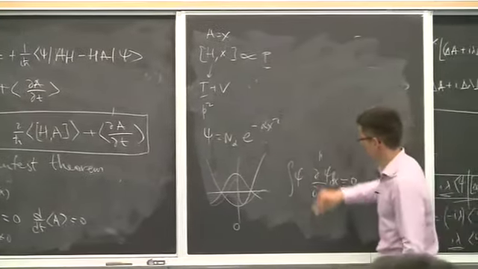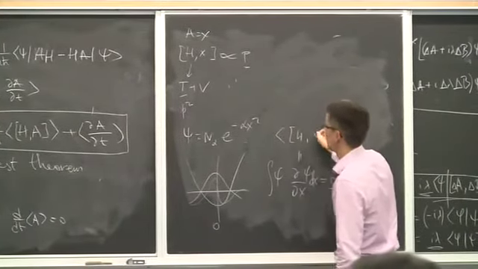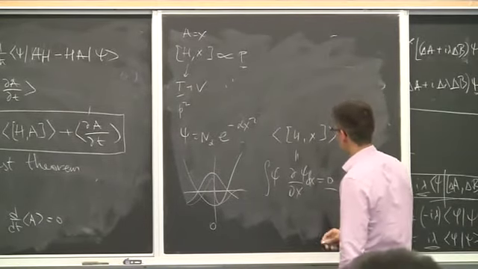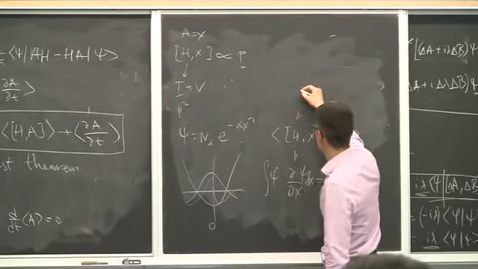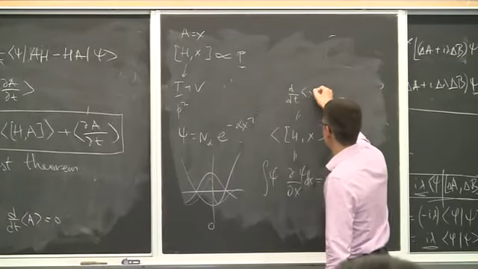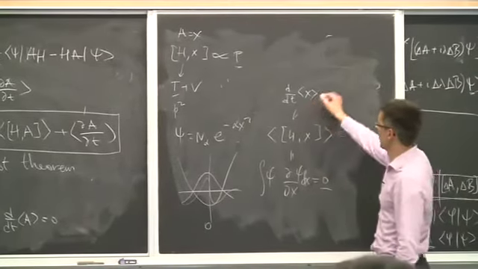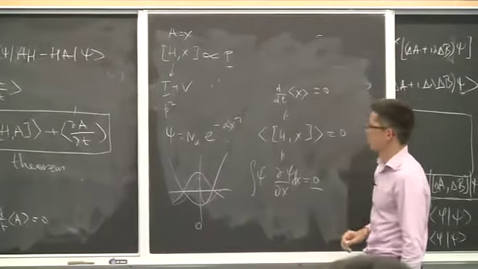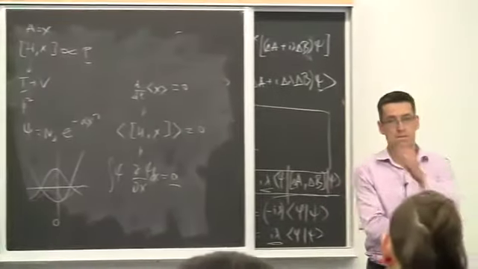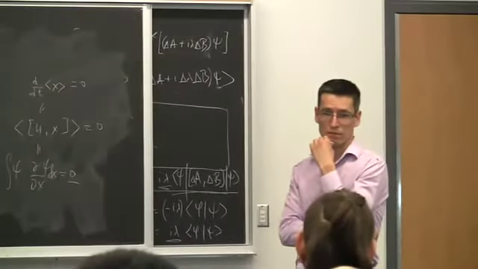So this commutator of H with X essentially equals 0, and this is the reason why, if you consider the average value of x, it doesn't move anywhere. So this commutation relation between the Hamiltonian and the position, in general, is proportional to the momentum.